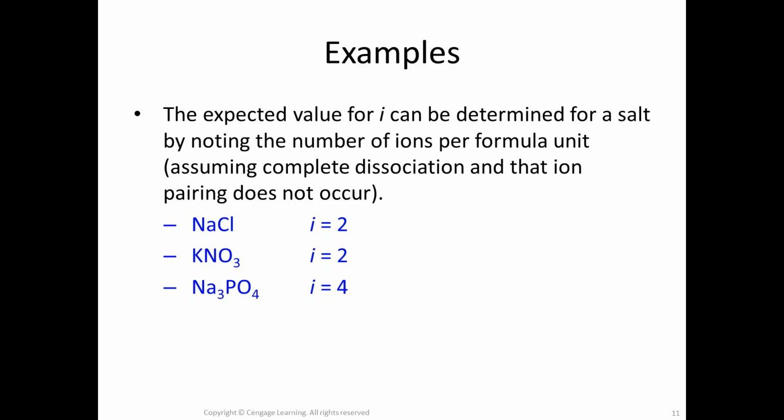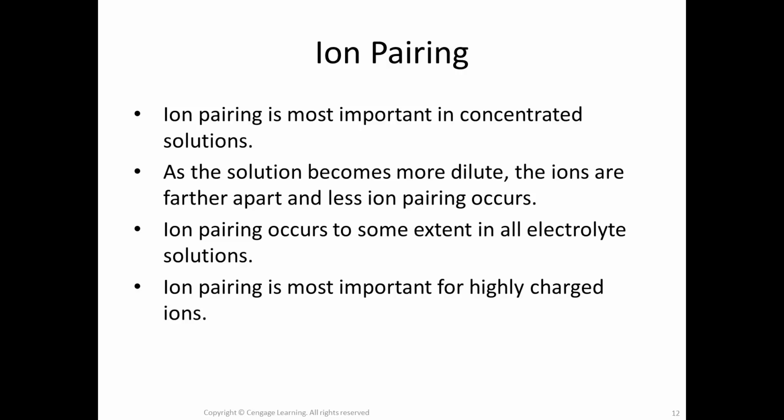Here we have a list of expected i values for various salts. These i values are based on a complete dissociation of these various salts. Now, because of ion pairing in concentrated solutions, our observed i value may be different than an expected i value.